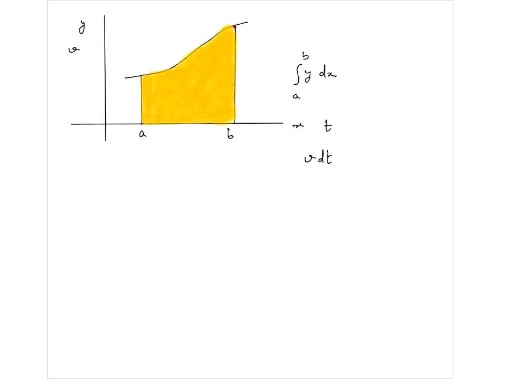But whatever time intervals you have, you will be able to find some area. That is the distance traveled. In case of speed time graph, it could be the distance traveled. So let me call it speed, let me call it time.